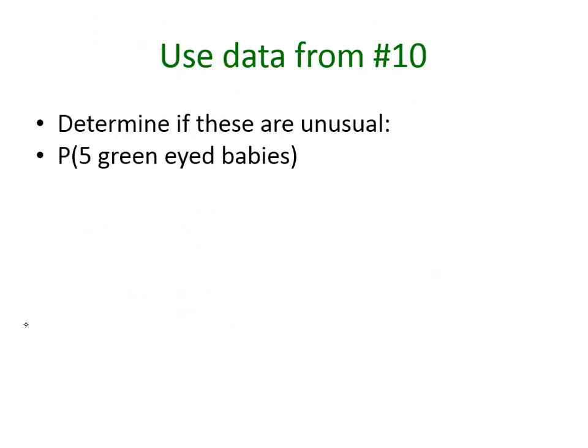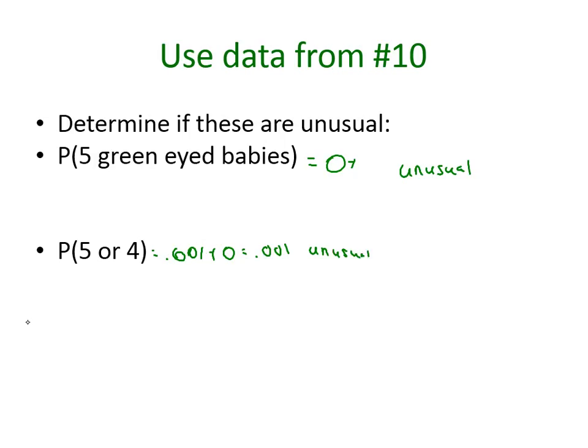So determine if these are unusual. The probability that we have exactly 5 green-eyed babies, what was the probability that was 5? That was 0, or your 0 plus. So is that unusual? That is definitely smaller than 5%. So that's definitely unusual. What's the probability that it's 4 or more babies? What was the probability that's 4? Isn't that 0.001? Is that unusual? Definitely less than 5%, so still unusual. And notice I'm just adding up the probabilities.